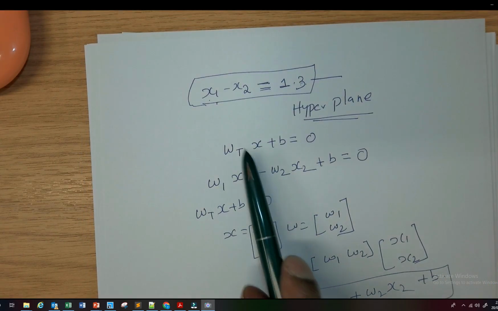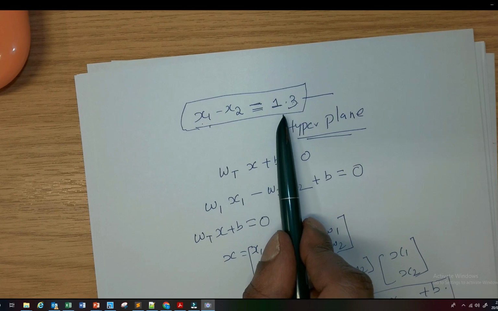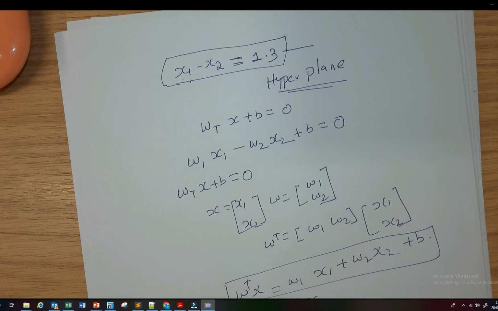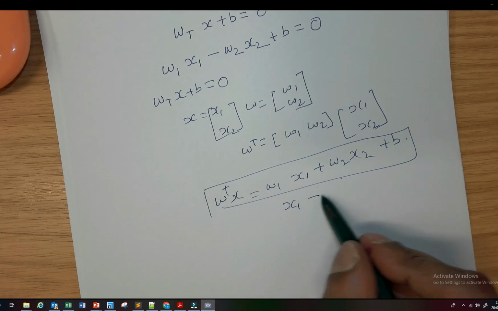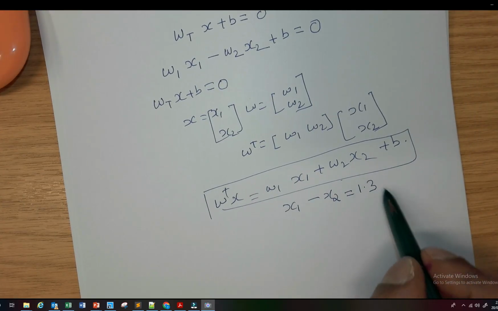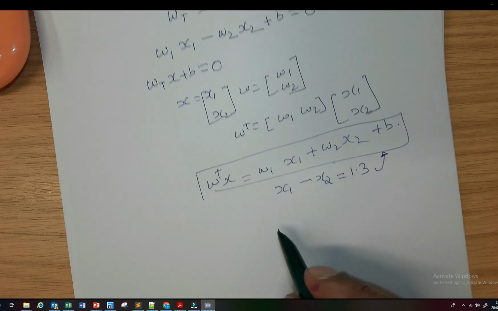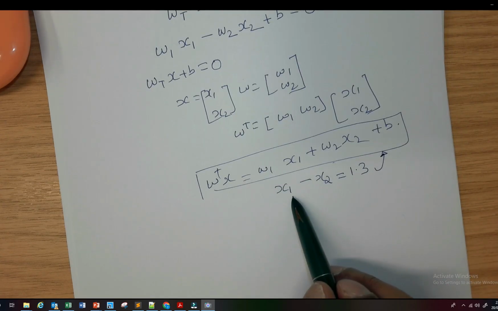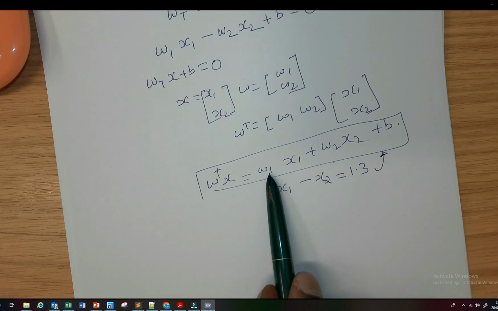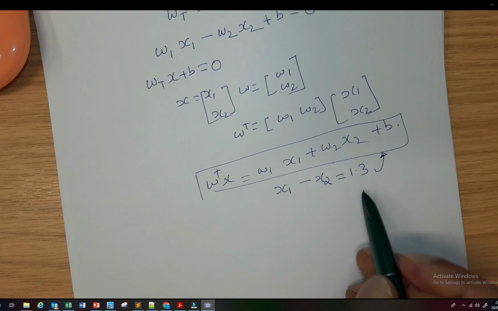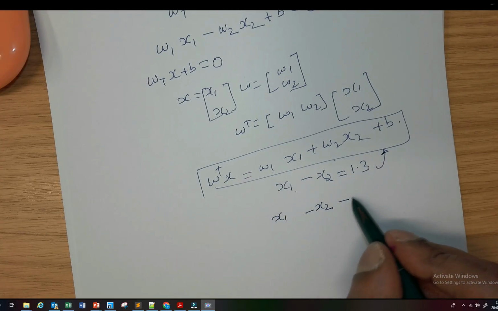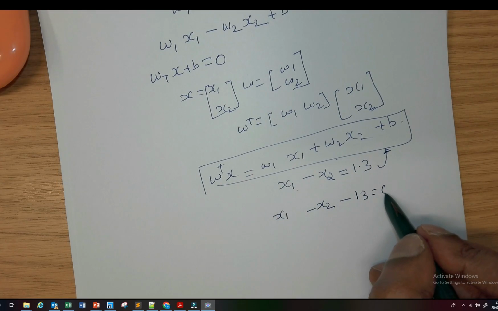If you go back to here, x1 minus x2 is equal to 1.3. Since we don't have a computer, we are trying to find w and the equation of the hyperplane. So we can write this in the form of a hyperplane: x1 minus x2 minus 1.3 should be equal to 0.